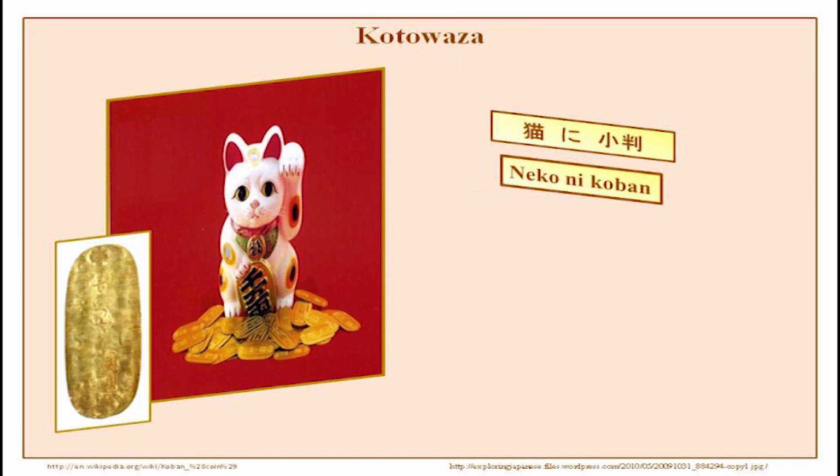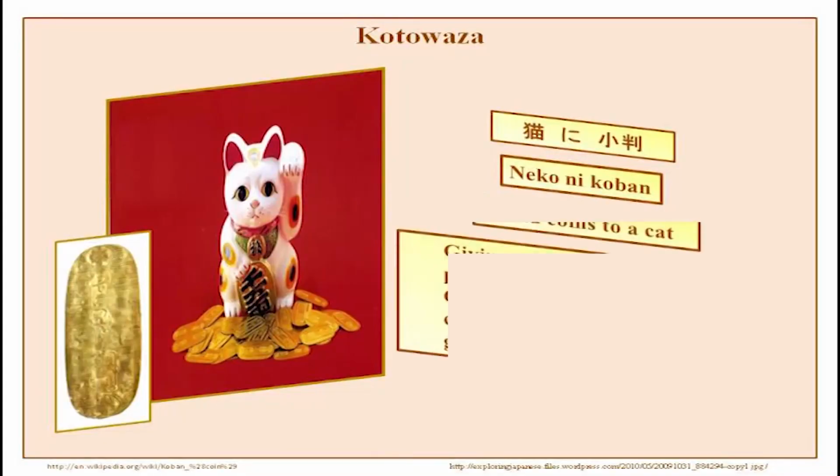Koban is money. These are old coins, were used in Japan long back, and money was transferred from one person to another in gold coins. So, well, showing gold coins, something so precious, important, to a cat, what does it mean? Well, it has no meaning at all if you show something that precious, that important to someone who does not appreciate it, does not know the meaning or understand the meaning of it.